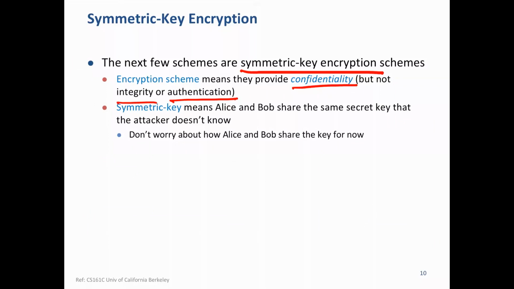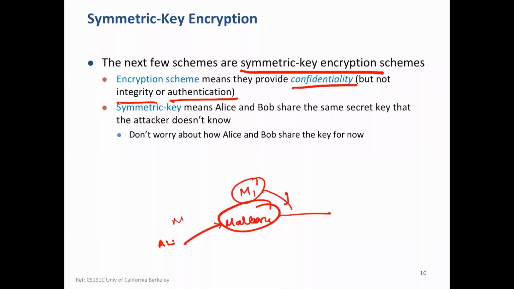Suppose when Alice is sending a message to Bob, it can be intercepted by Mallory, and Mallory can change the message altogether from M to M1, encrypt it using the same encryption algorithm, and send it to Bob.